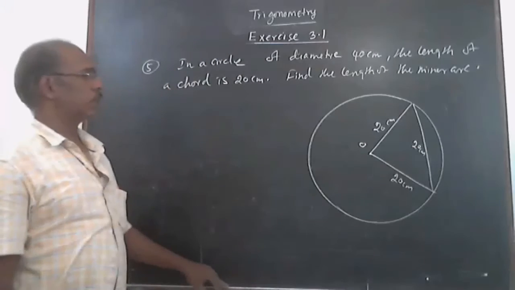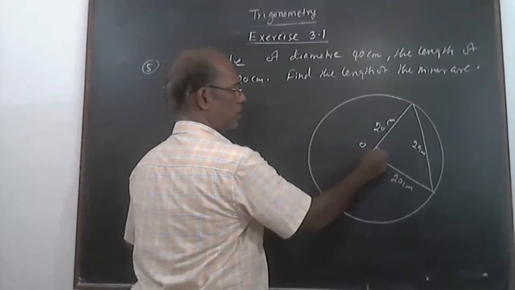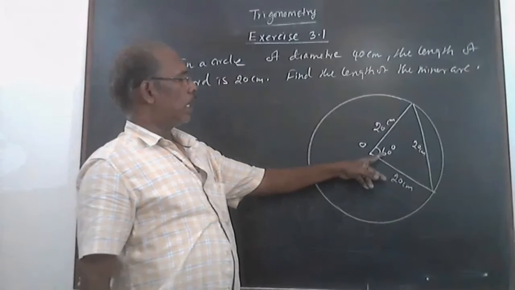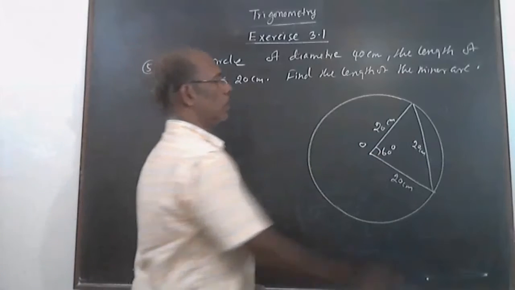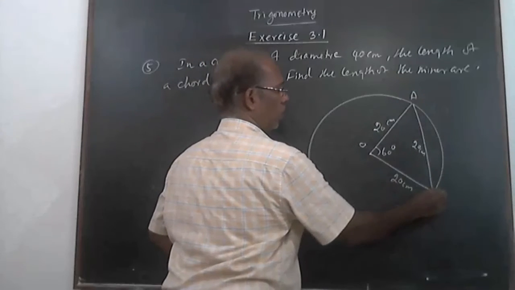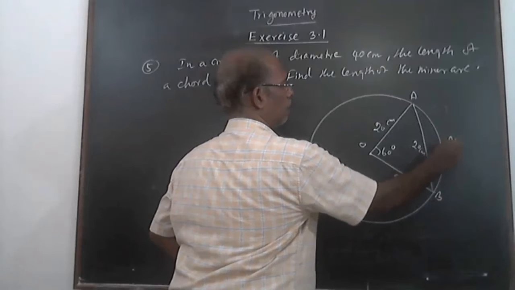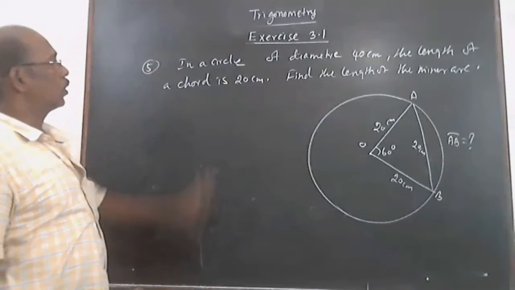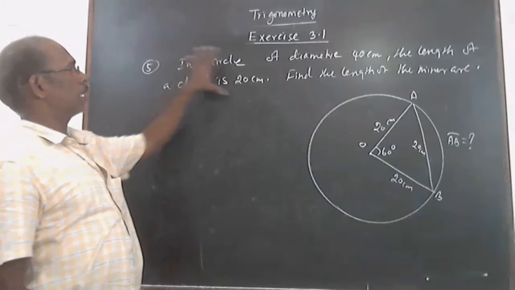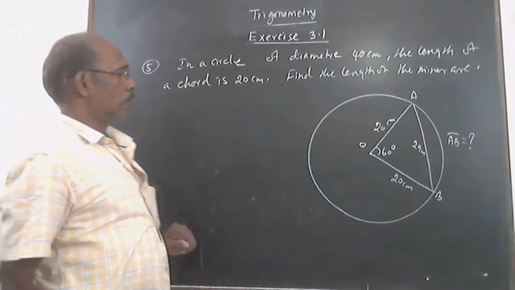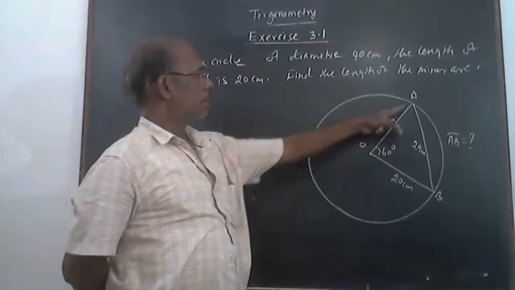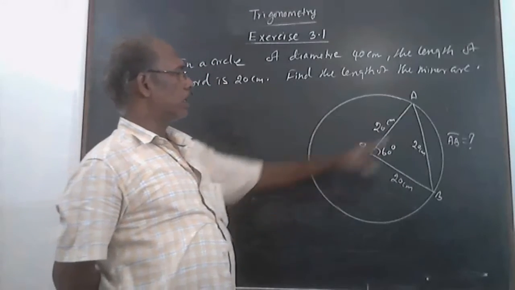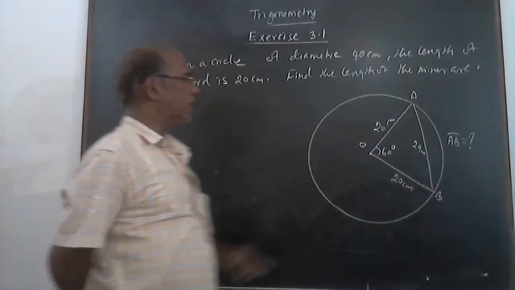All three sides are equal, which means the central angle should be 60 degree, in radian pi by 3. Question: what is the arc length AB? Take the diagram along with the question. Because of the equilateral triangle, the central angle is 60 degree, and we need the corresponding arc length.